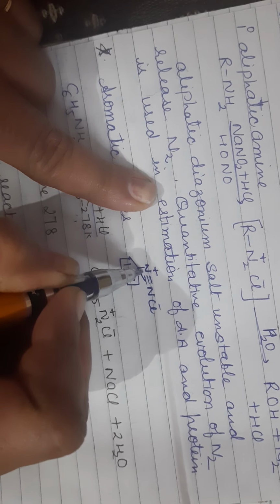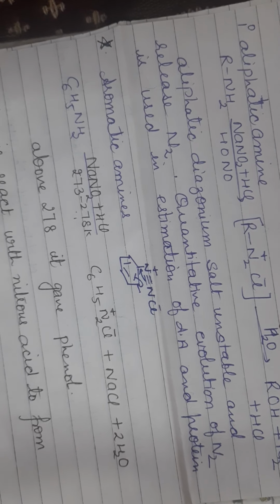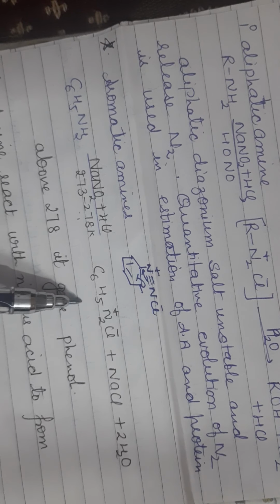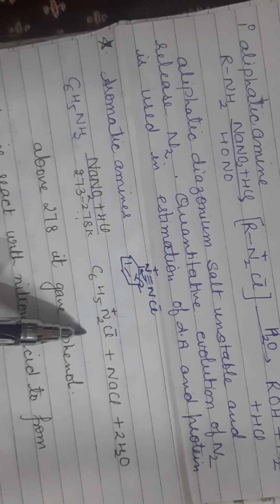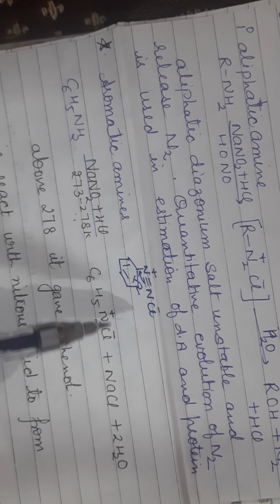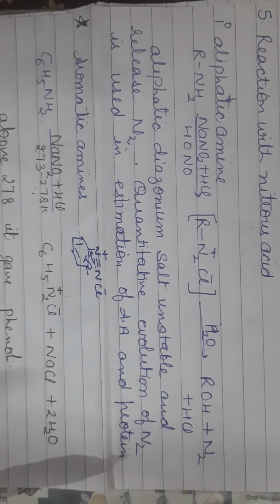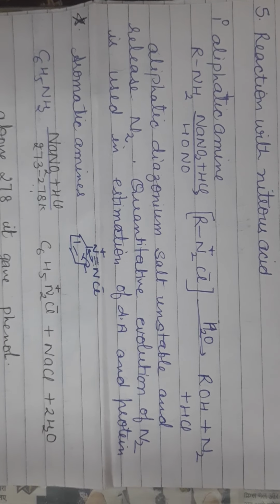So it is stabilized by resonance. Due to stabilization by resonance it is stable, and on reaction with water it gives phenol. It is hydrolyzed and gives phenol. But in aliphatic amines it is not stable because there is no resonance to stabilize it.